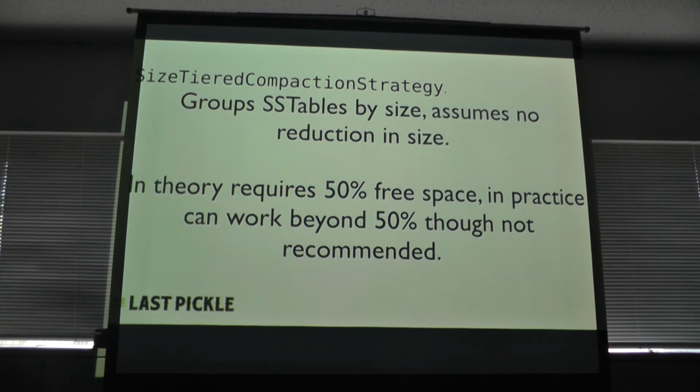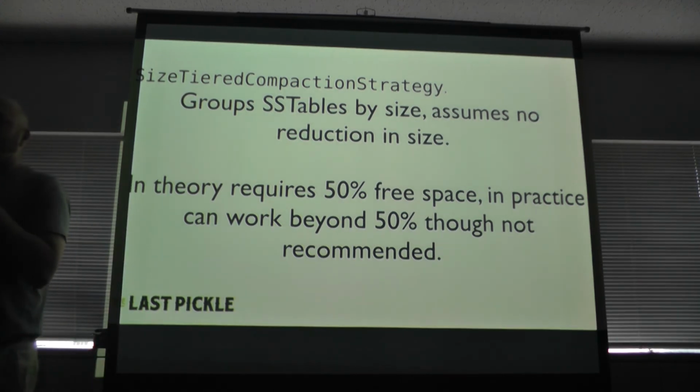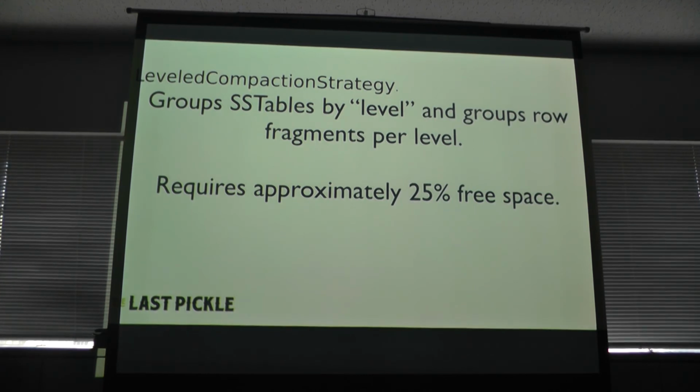Now, in theory, size-tiered compaction requires 50% free space. In practice though, I've seen systems run with less than 50% free space. It's not a desirable situation to keep for a long time though. The other choice is the level compaction strategy.